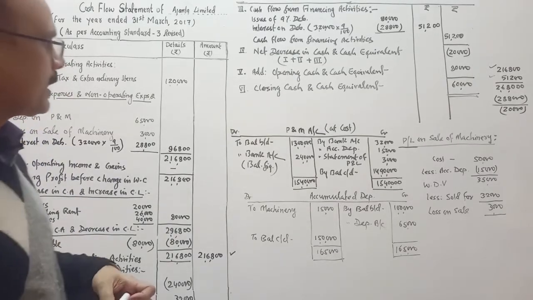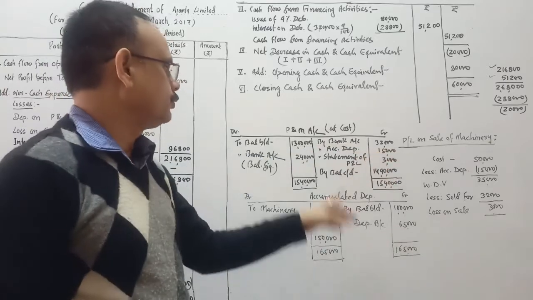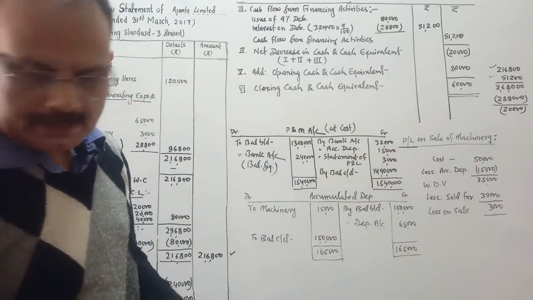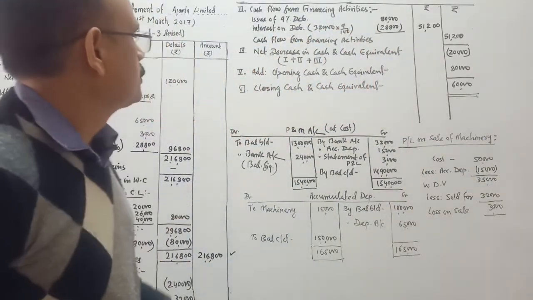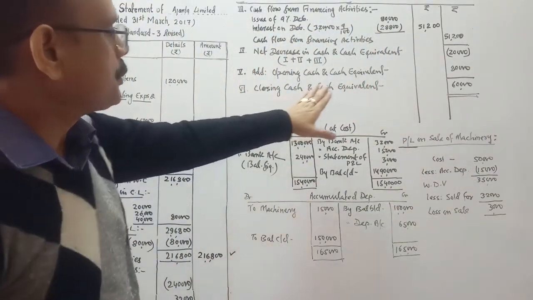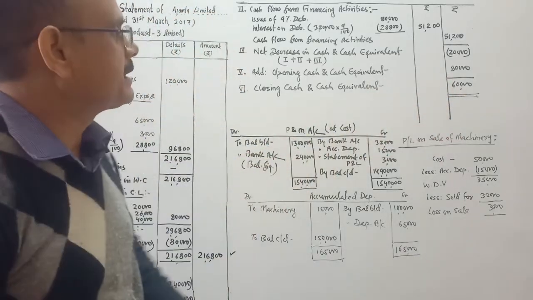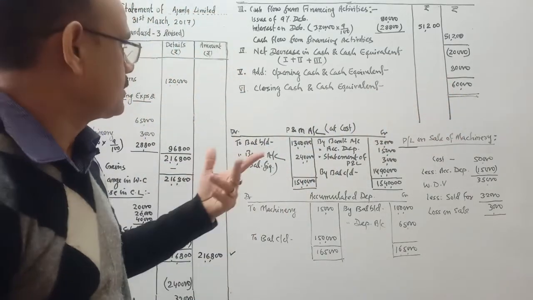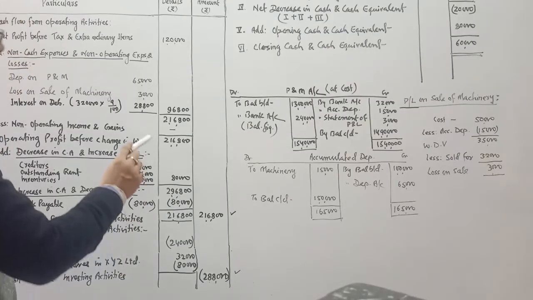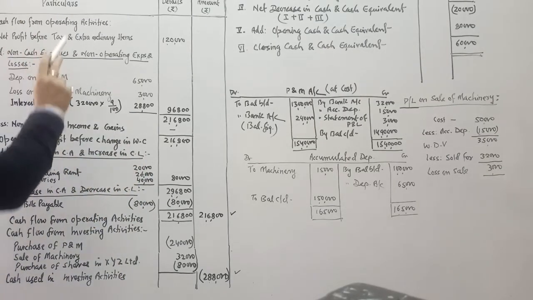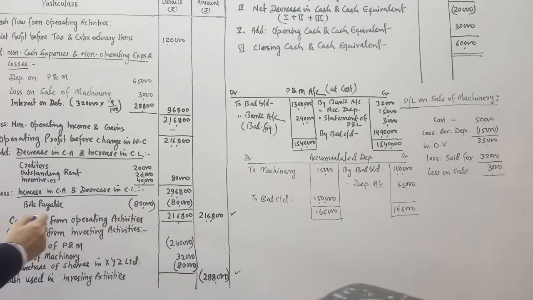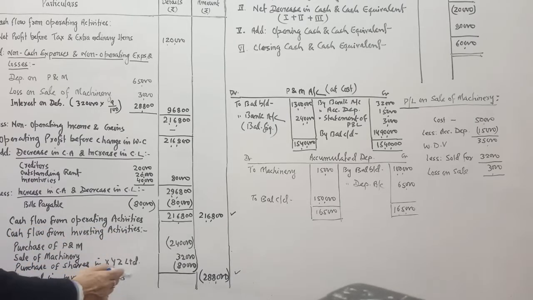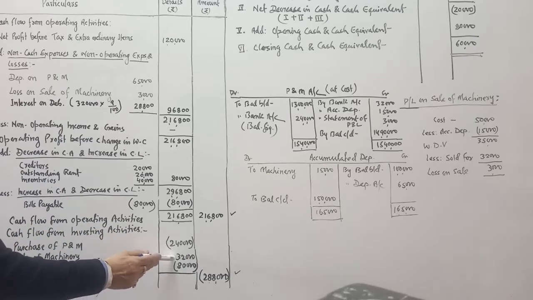So working notes number 1, 2, 3 are the three working notes. This is your supporting. I have calculated it. The last one, cash and cash equivalent at the end, is rupees 60,000, in plus. In cash flow from operating activities, this is the inflow. In investing activities, it is cash used, because minus is greater than the plus figure.